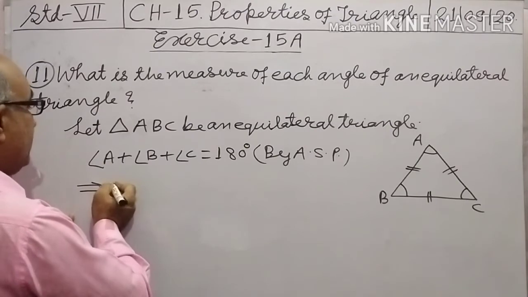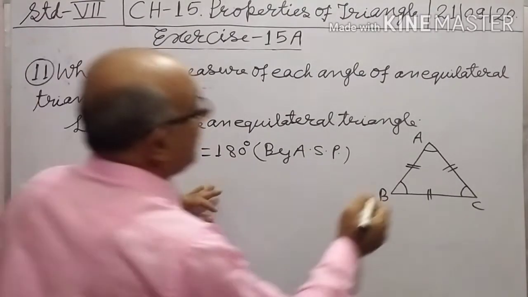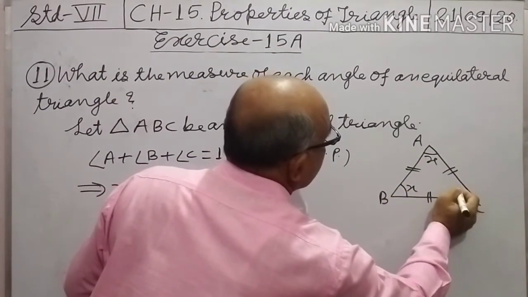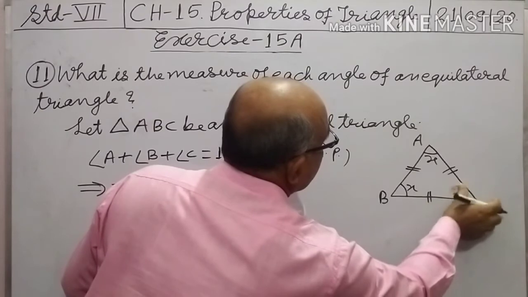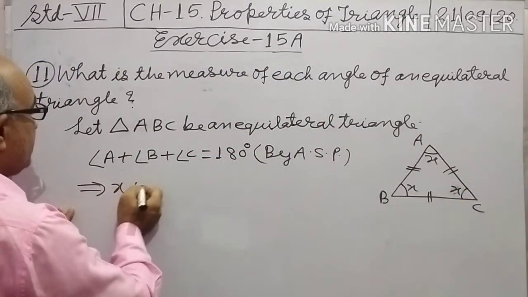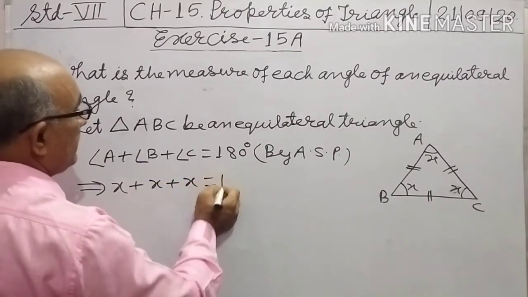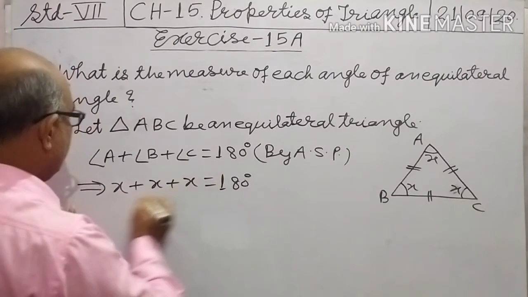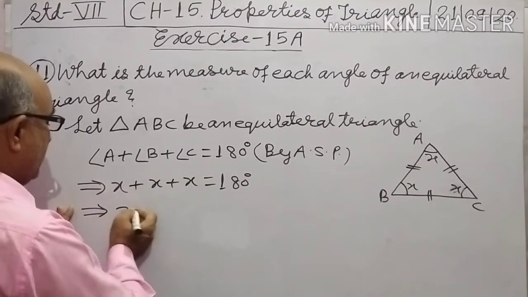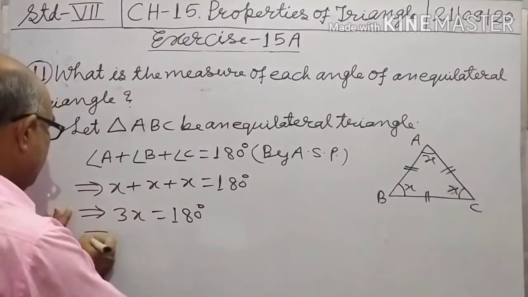Let each angle be X. Then X plus X plus X equal to 3X equal to 180 degree.